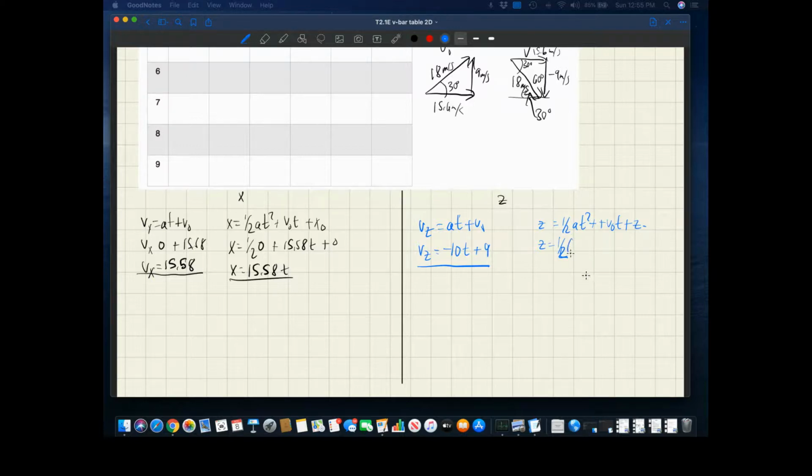Acceleration is minus 10. The v0 in the vertical is 9, and z0 is 0. So we have a model that is minus 5t squared plus 9t. And that's the z of the ball.